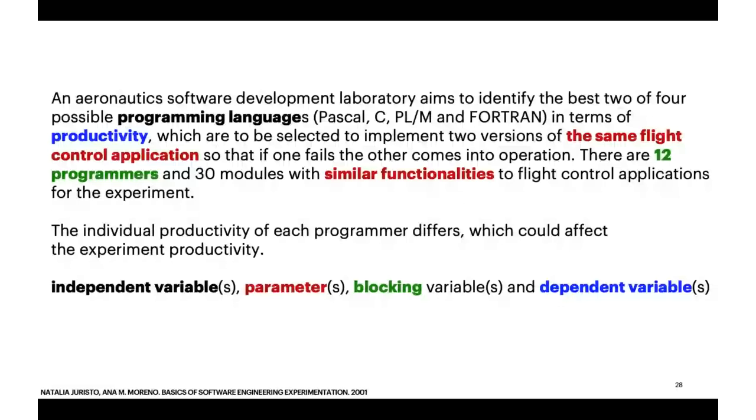The same flight control application and the same functionality are parameters, and finally programmers are whatever they are, so it is a blocking variable. And there is even a sentence saying that the individual productivity of each programmer differs, which could affect the experiment productivity. Okay, so let us look further.